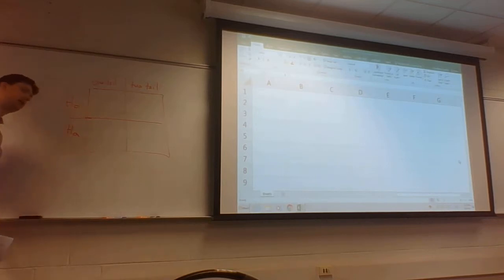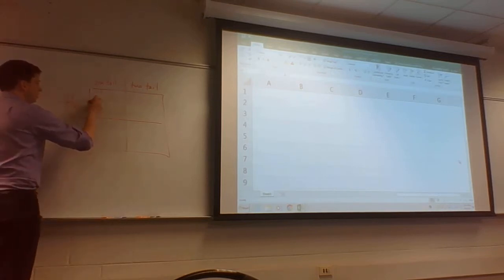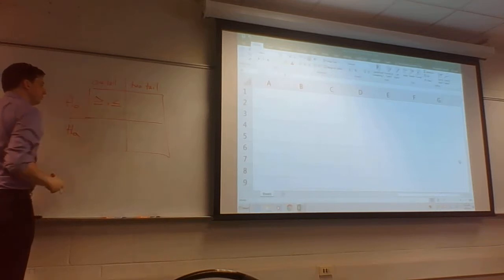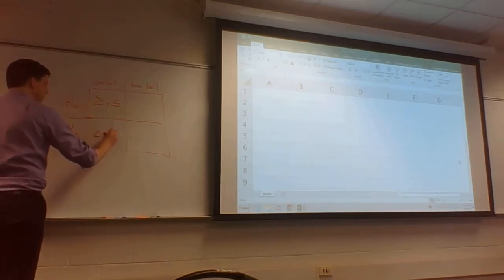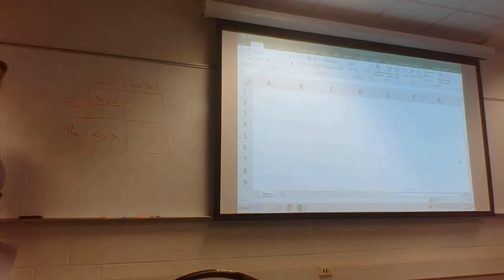And H sub A? Alternative hypothesis. So if it's a one-tail test, we use these symbols. We have to include the equal to, either greater than or equal to, or less than or equal to. And then the alternative hypothesis would just be whatever those do not include.